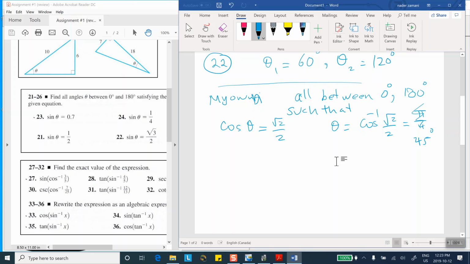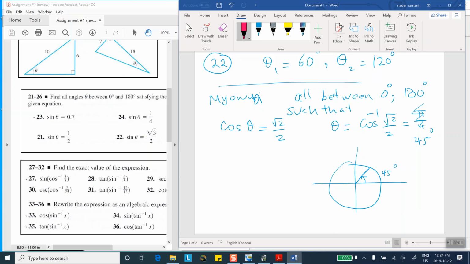The question is, are there any other angles between 0 and 180 which gives you the same cosine? So here's the situation. So we got this angle either by memorizing it or having used our calculator. There is my 45 degrees.